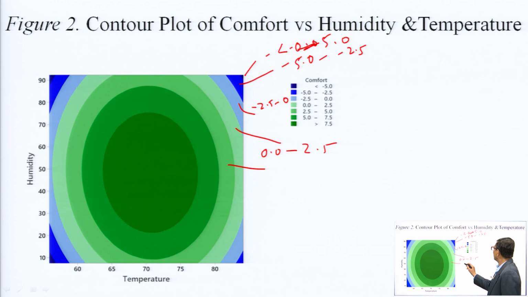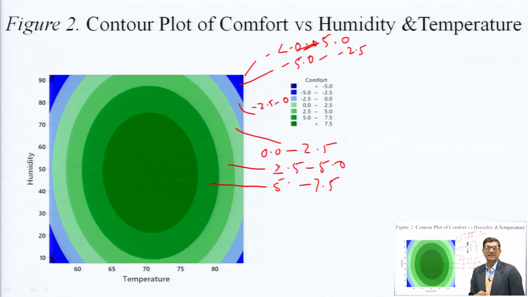In this region the comfort is 2.5 to 5.0, and for this one the comfort is 5 to 7.5. As we measure the comfort on a 0 to 10 scale, as the value increases we get more comfort, and the dark region has maximum comfort, with comfort scores greater than 7.5.